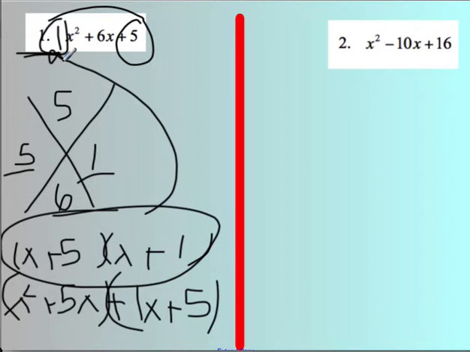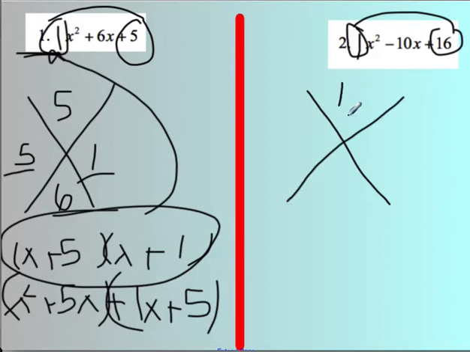Taking a look at number 2, I notice that the coefficient with the square term is again 1. So I can multiply 1 times 16, and that's going to give me 16 up top and negative 10 down below. So I'm multiplying to a positive product and a negative sum, which means that both my factors need to be negative.